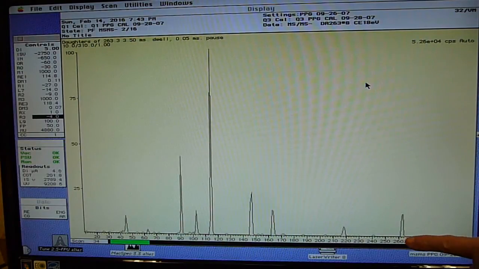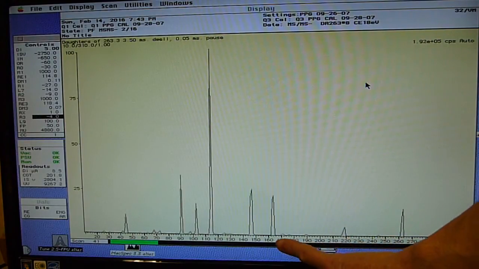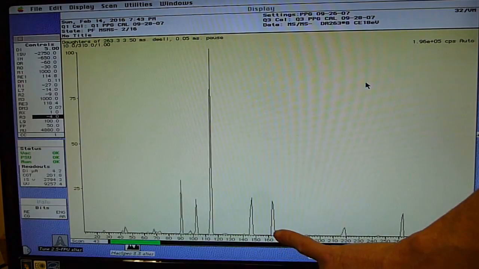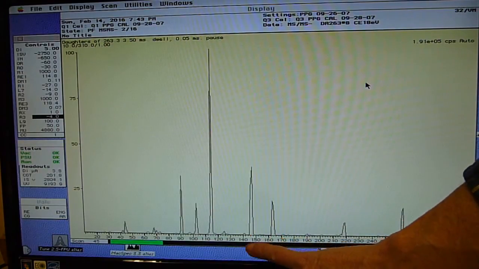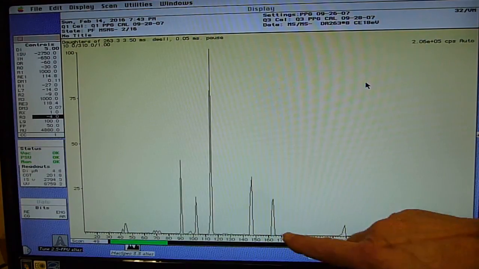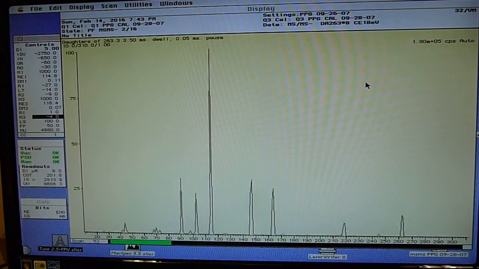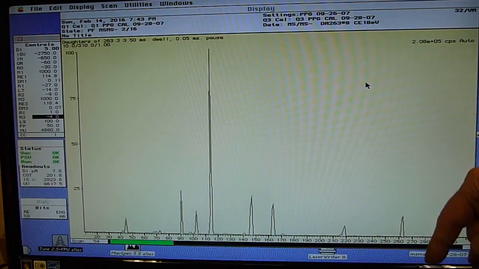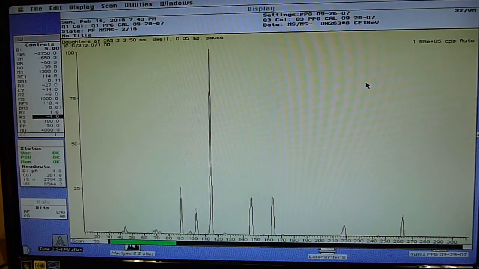Alright, so now we start seeing the 263 show up. And we still got 219, 164, I'm guessing, 147, the 115. The precursor has gone down in intensity because more of it is breaking up as it's hitting the argon nitrogen. And even has some of the 44.